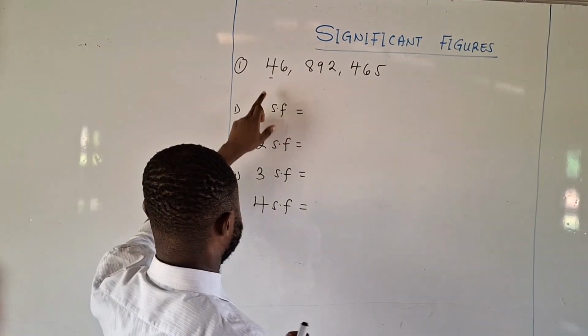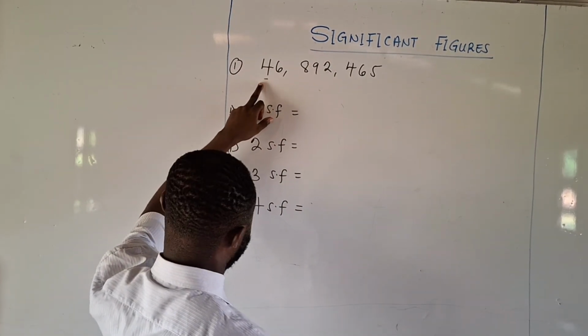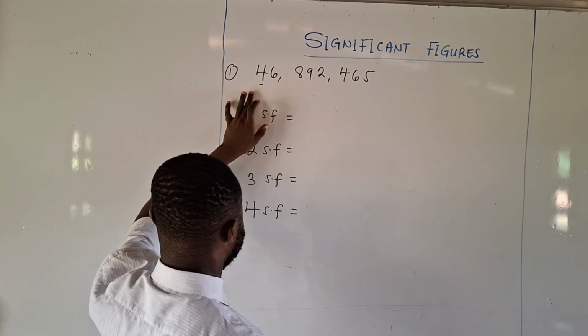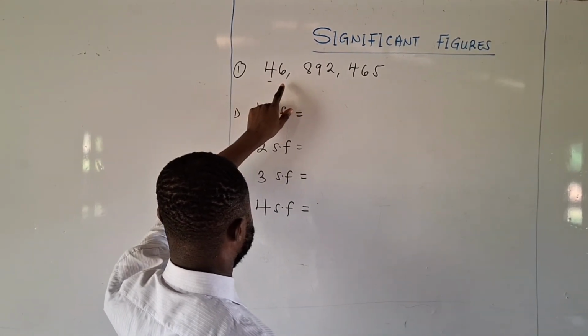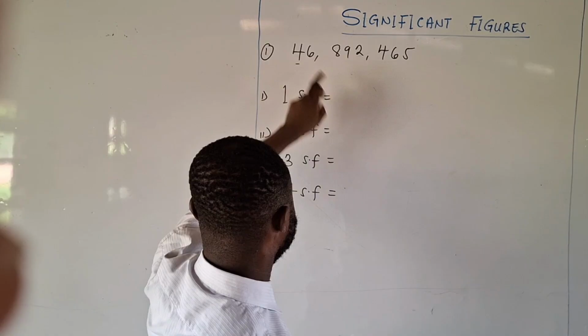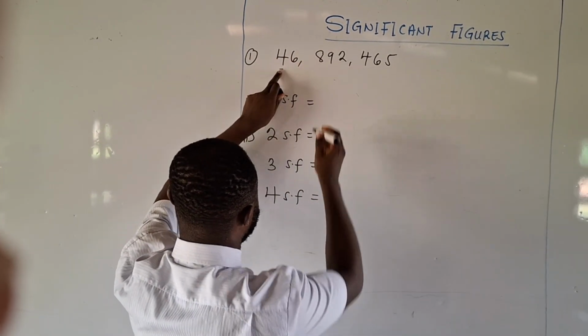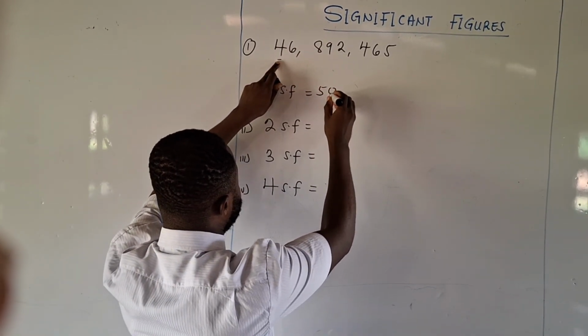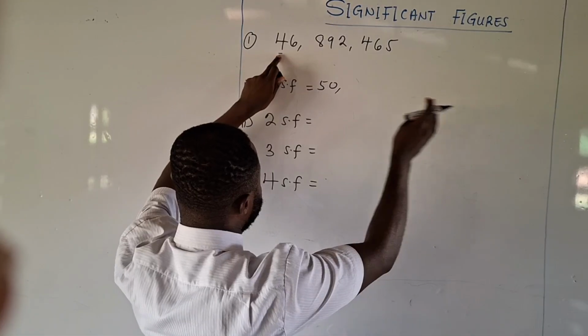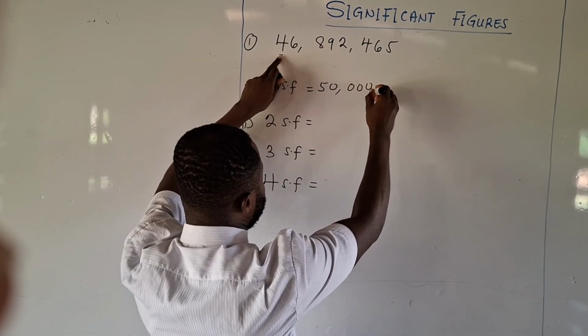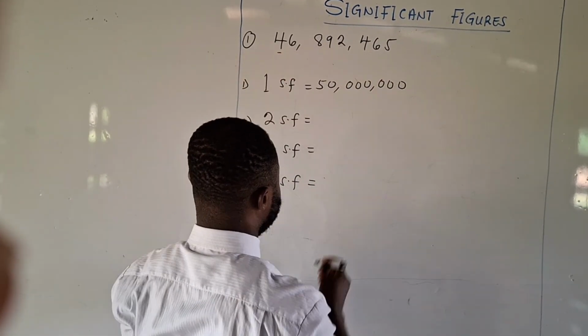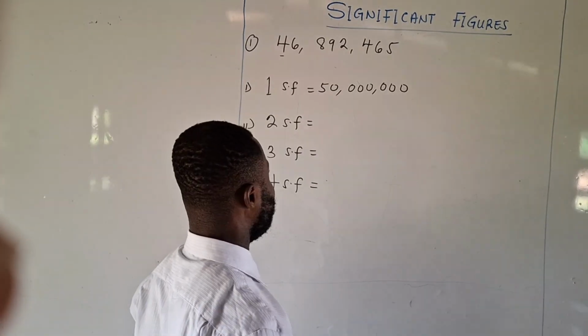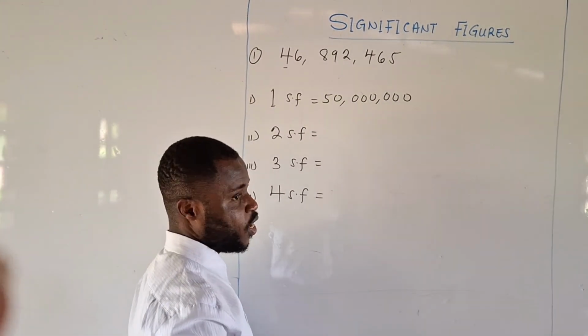So that's the first significant figure from our left to the right. But the rounding number principle applies because the number after it, which is 6, is a roundable number. So you add 1 to the 4, making it 5. So 5, then you express the rest as zeros. So 0, 0, 0, 0, 0, 0, 0. So we have expressed this figure in one significant figure.